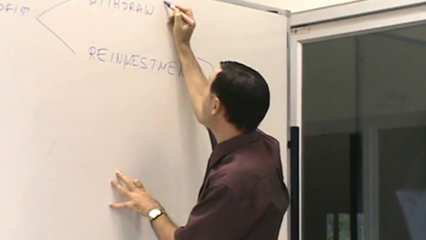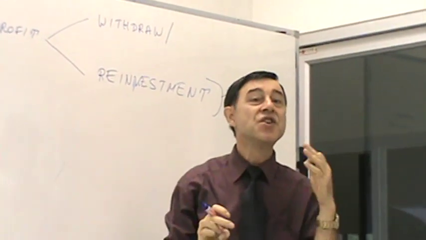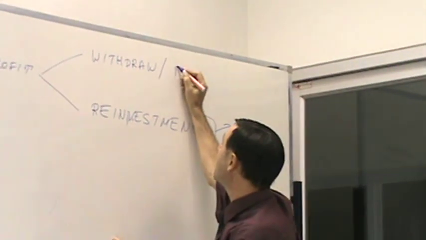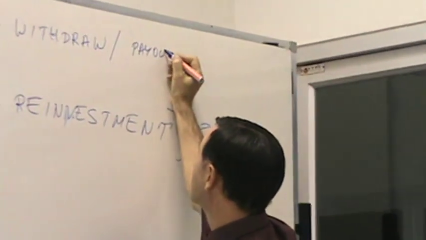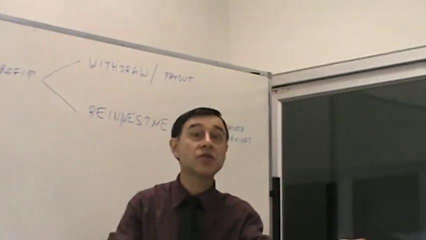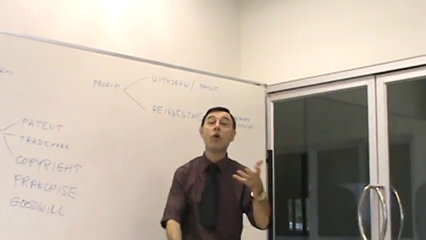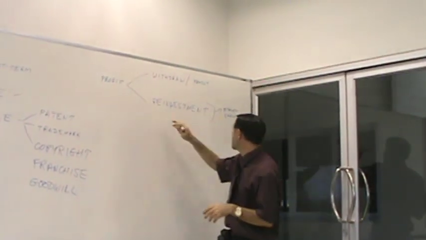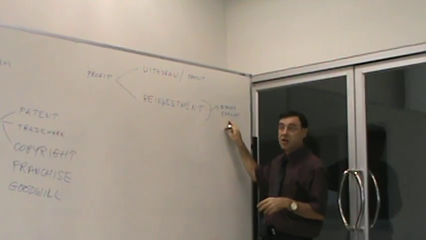Sometimes this withdrawal in finance, not in accounting, in finance, they sometimes call payout. So money is either paid out, meaning withdrawn, or reinvested. The reinvested part of the profit is called retained earnings.